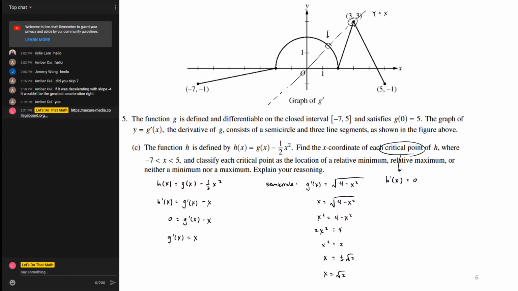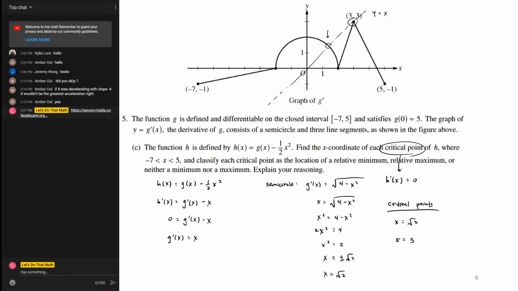So we have two critical points. We have x is equal to rad 2, and we have x is equal to 3. Then we need to see, is it going to be a relative minimum, relative maximum, or neither, right? And how do we do that?